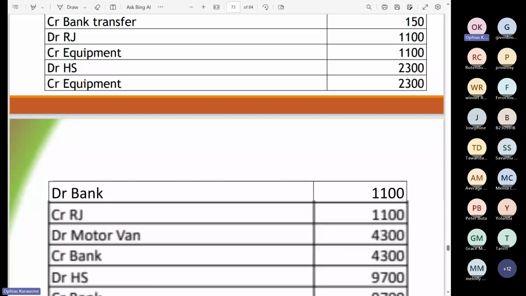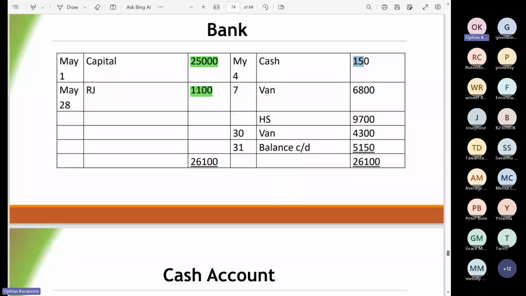Which means your accounts are now like this: 25,000, then I highlight this, then 6,800, then 9,700. I want the green color. Then HS, we are paying him 9,700, then 4,300.